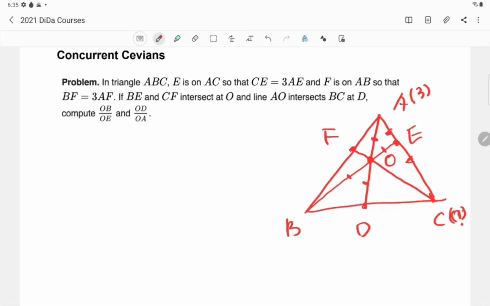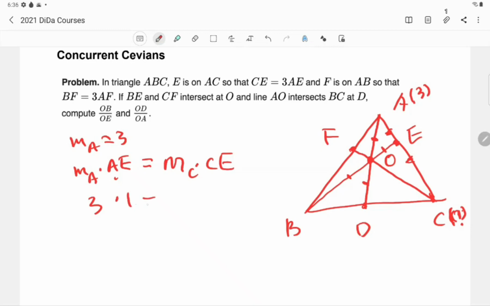By the balancing rule, MA times AE should be MC times CE. MA is 3, and AE is just 1/3 of CE, so MC is just 1.